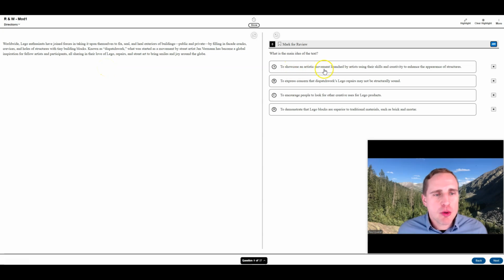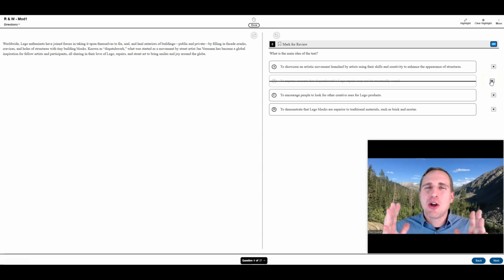Is the main idea to showcase an artistic movement launched by artists using their skills and creativity to enhance the appearance of structures? Maybe. To express concern that Dispatch Works' Lego repairs may not be structurally sound? I don't think so. There's no mention that Lego is not doing a good job. C. To encourage people to look for other creative uses for Lego products.